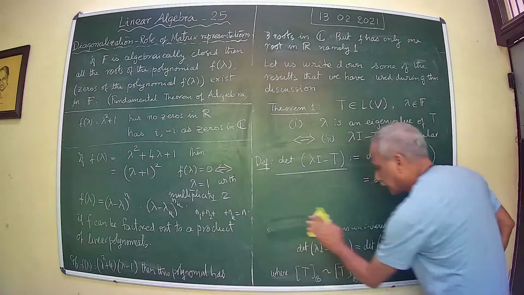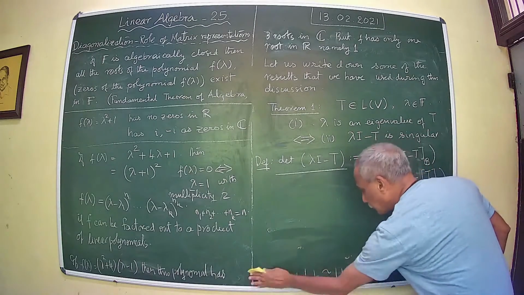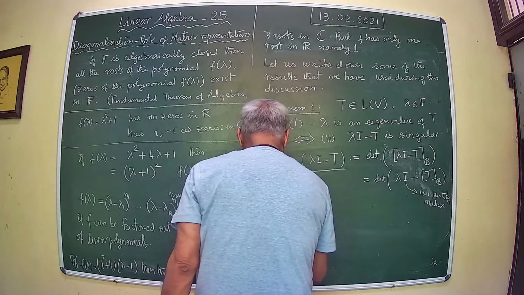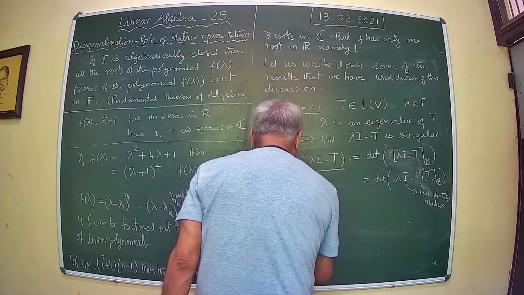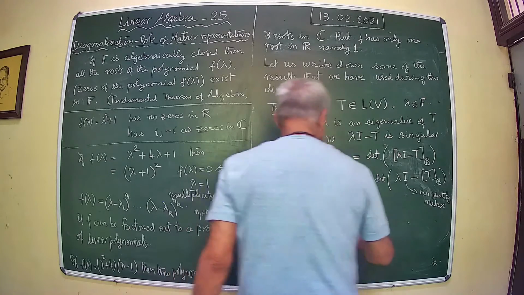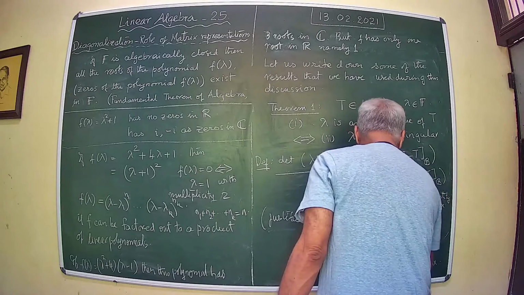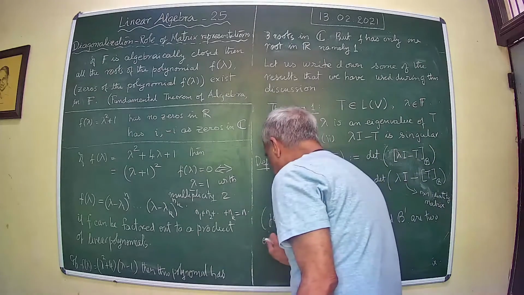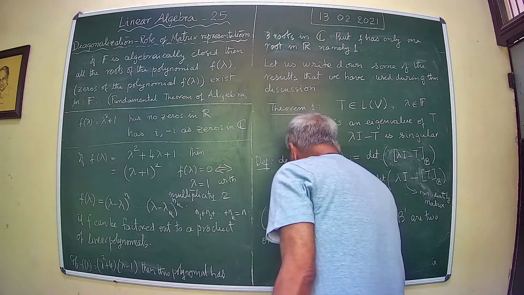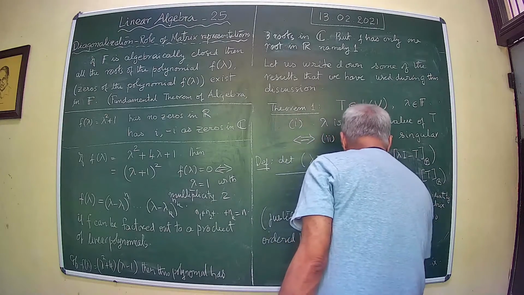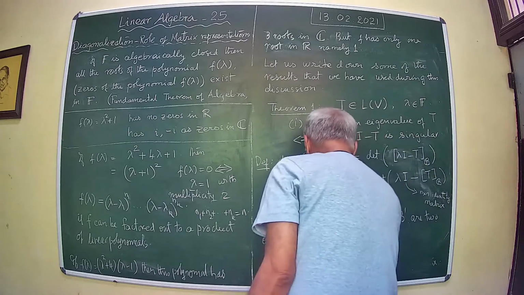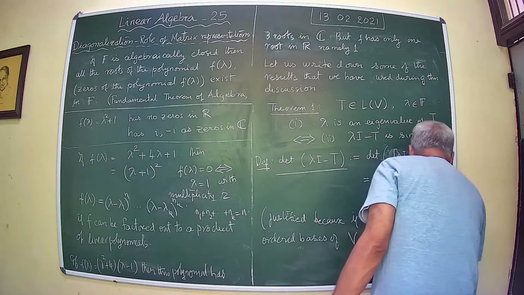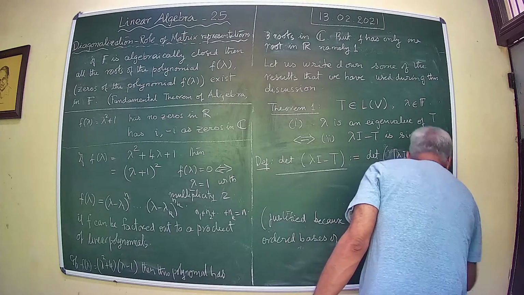Now this is justified because of the following. Let us prove that the determinant is independent of the basis: if B and B prime are two ordered bases, then the determinants agree.